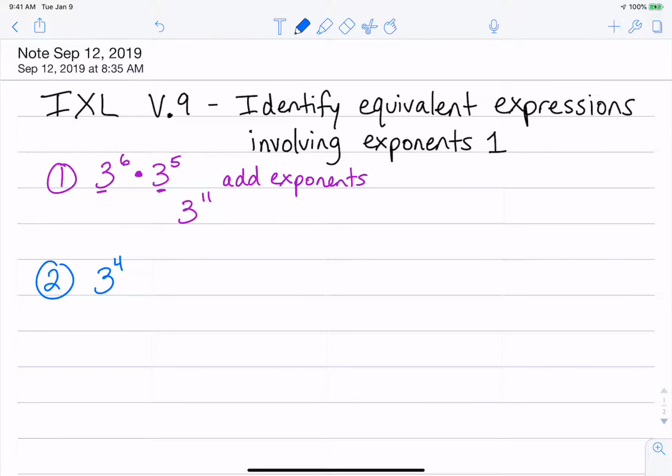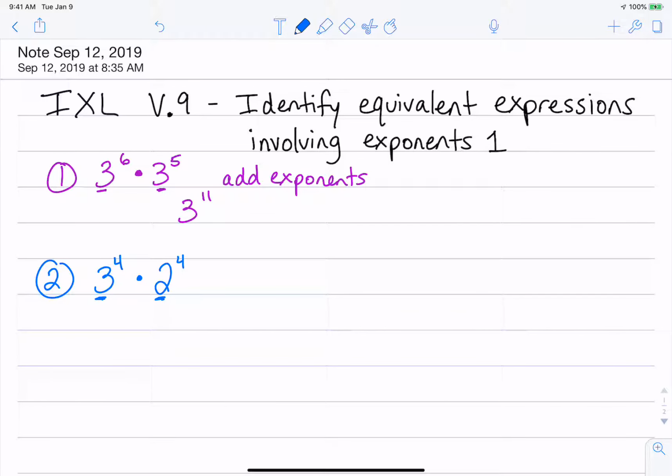Okay, another example could be, let's say we have 3 to the 4th times 2 to the 4th. Now recognize your bases are not the same, but your exponents are. So this is when, I should put this here, bases are the same. Here our bases are different, but our exponents are the same.